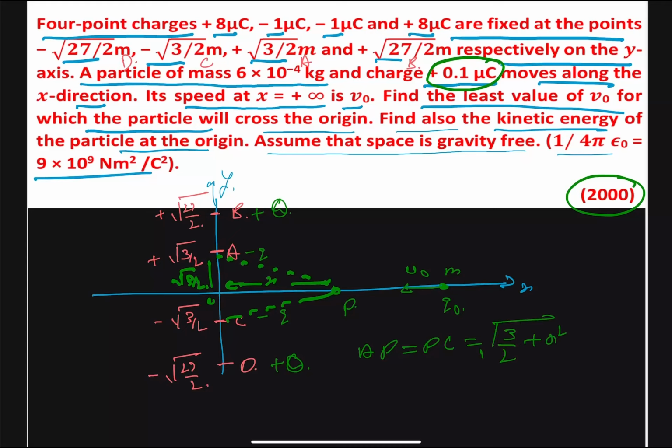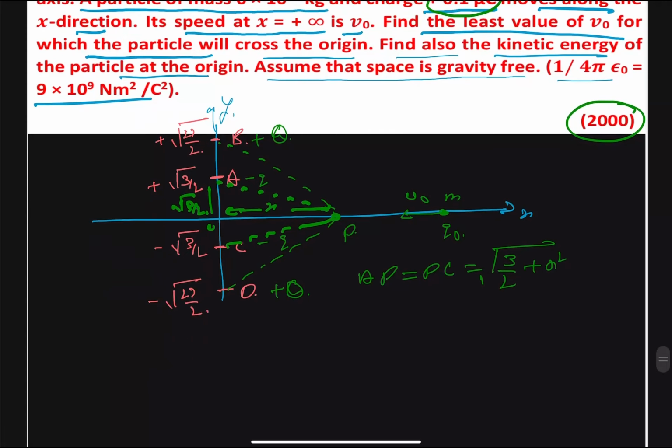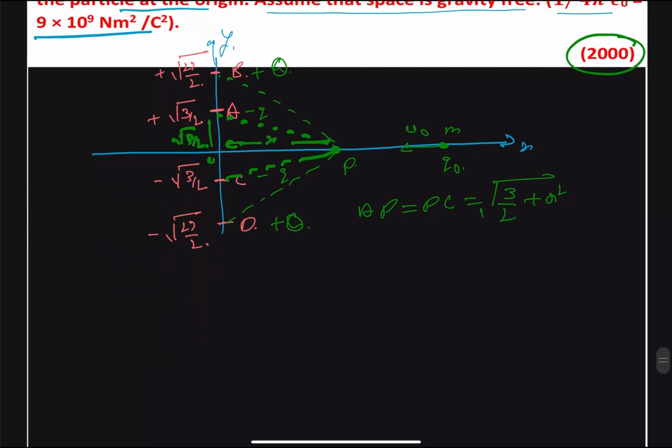Similarly, our BP and our DP will also be equal. So BP is equal to DP, and here it is the square root of 27 by 2 plus x square.